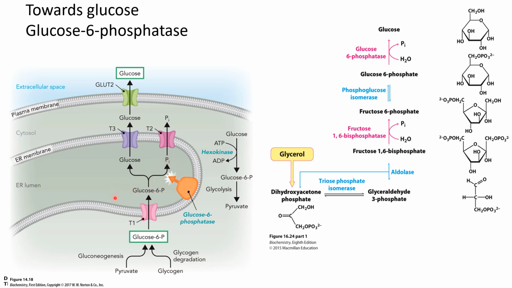This is then transported out with a T3 transporter, which transports glucose from the inside of the ER into the cytosol, and a T2 transporter, which transports the phosphate. Finally, there are the glucose transporters that transport glucose out into the extracellular space, especially in large species like humans.